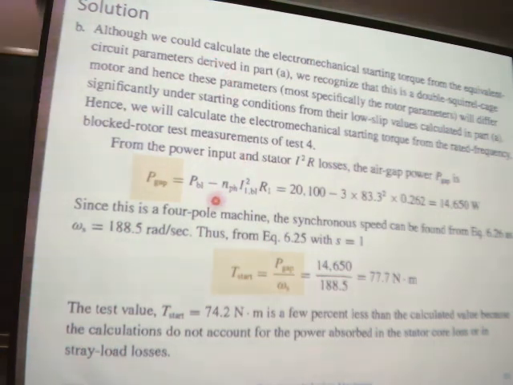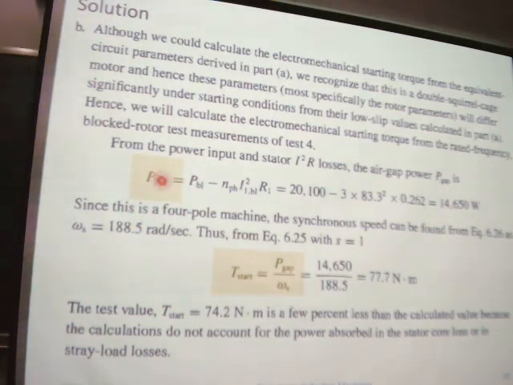The special part is here. We use this method to first calculate the air gap power. The air gap power is the blocked power minus the stator losses.